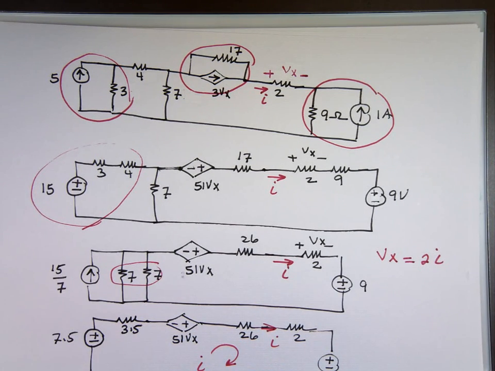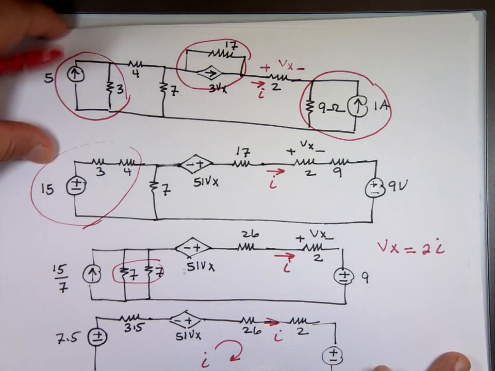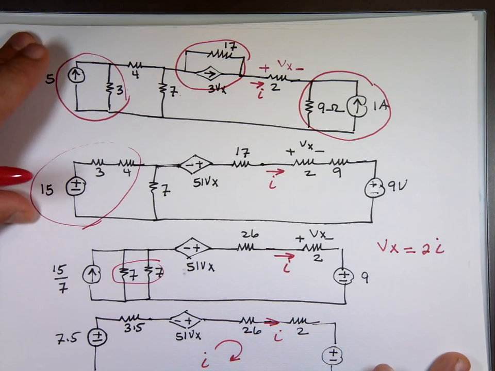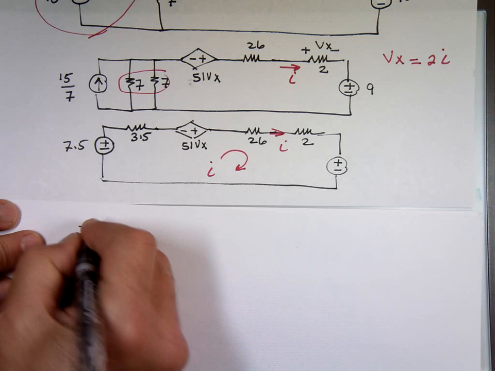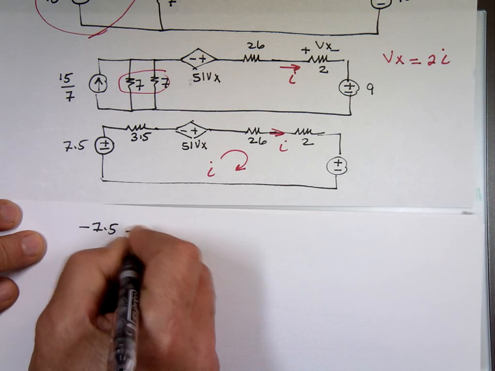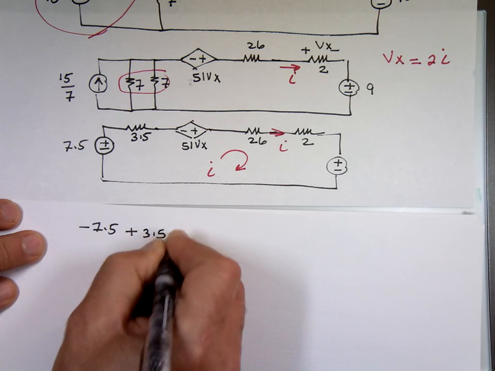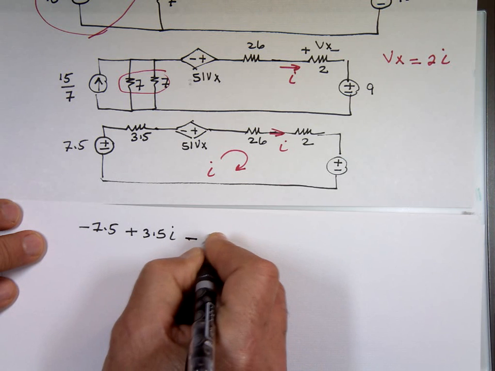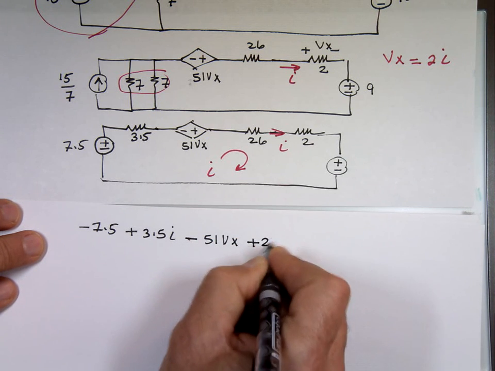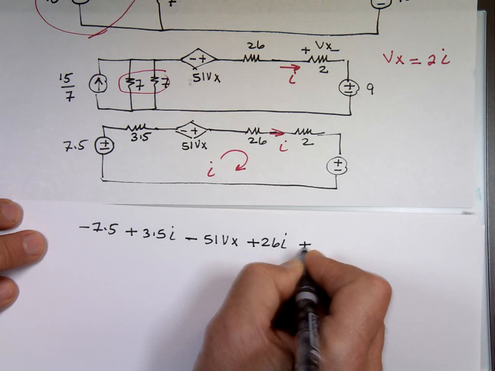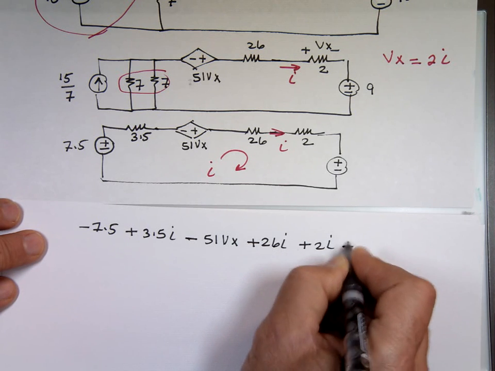And I can do one mesh equation right now. Sum of the voltage in a closed loop is 0. Negative 7.5 plus 3.5i minus 51Vx plus 26i plus 2i plus 9 equals 0.